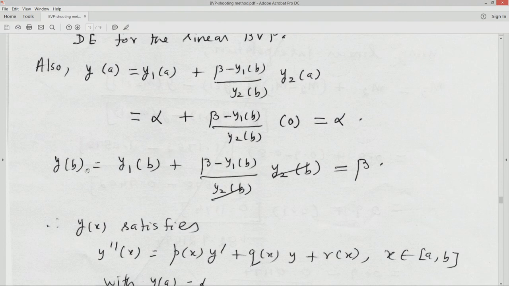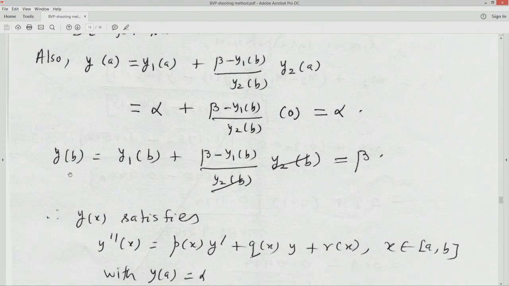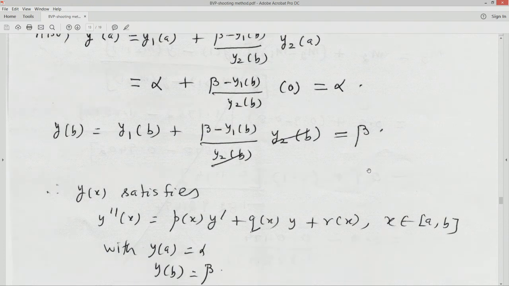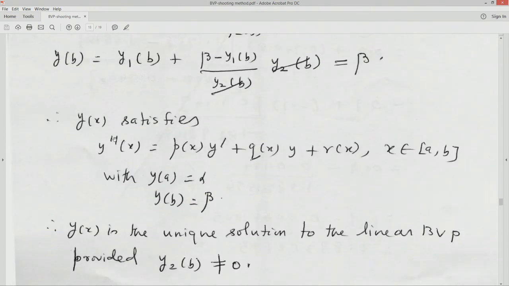Now, what about the boundary condition at the right end point? y at b is y1 of b plus this multiplied by y2 of b, and that gives you beta. So, our y of x satisfies the governing differential equation for the boundary value problem along with the Dirichlet boundary conditions, and according to the conditions of the theorem, if p of x and q of x satisfy the conditions specified in the theorem, the solution that we obtain is a unique solution of the linear boundary value problem.